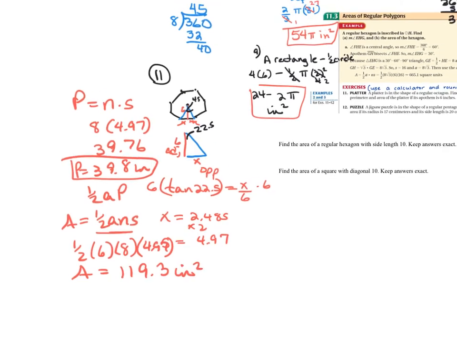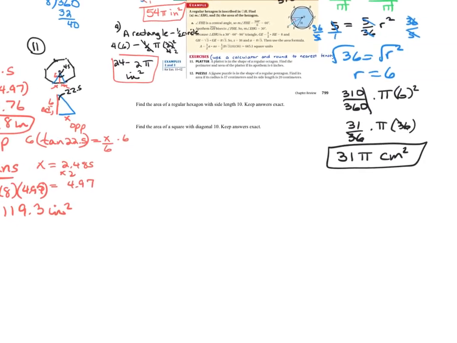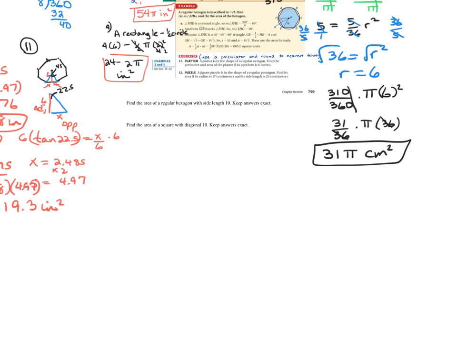Let's do number 12. Number 12 says that we have a regular pentagon. Do it over here. So 1, 2, 3, 4, 5. In this problem, they told us that the radius length was 17.